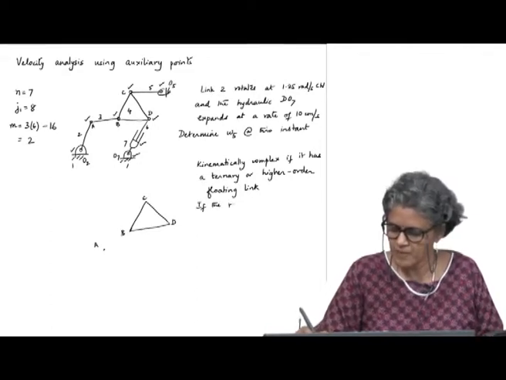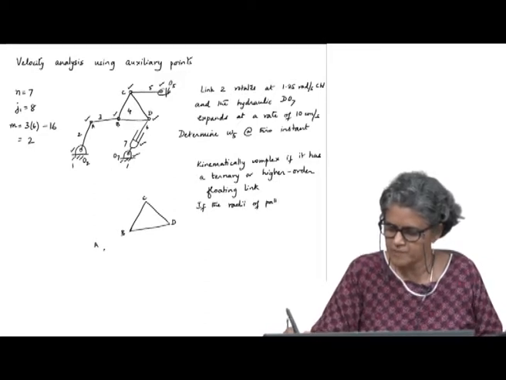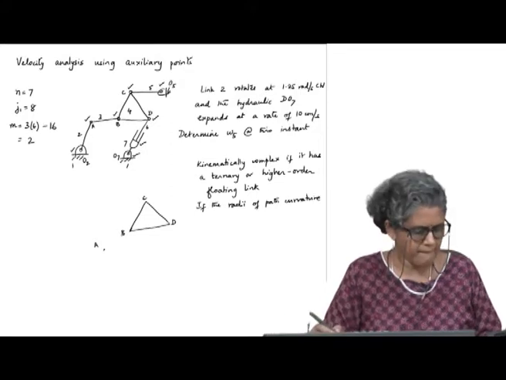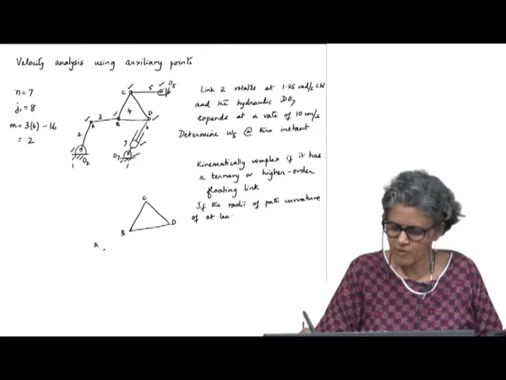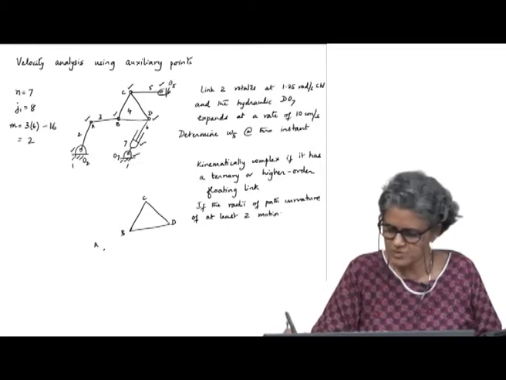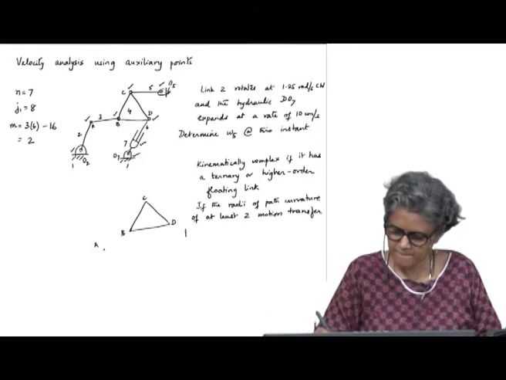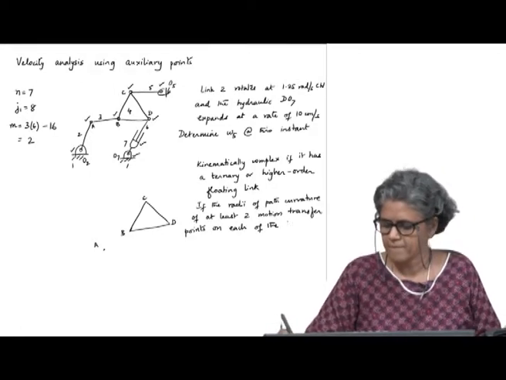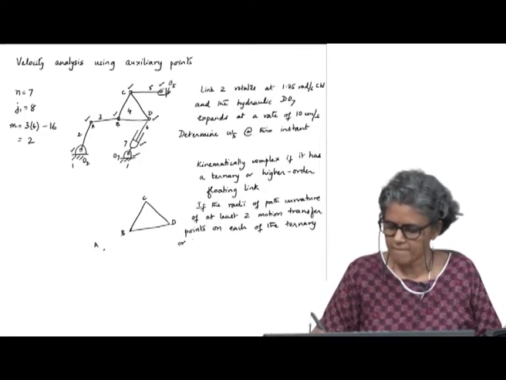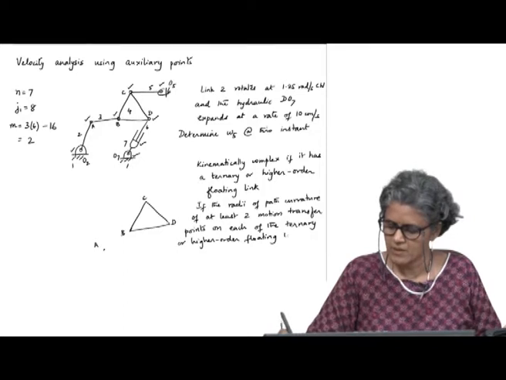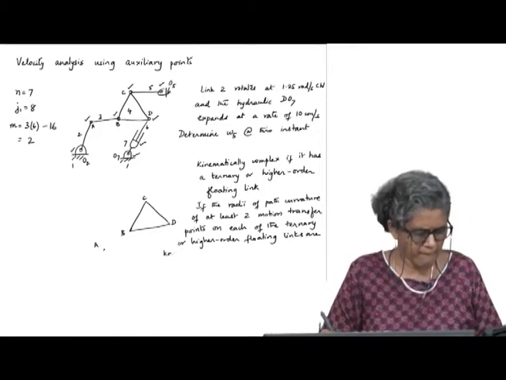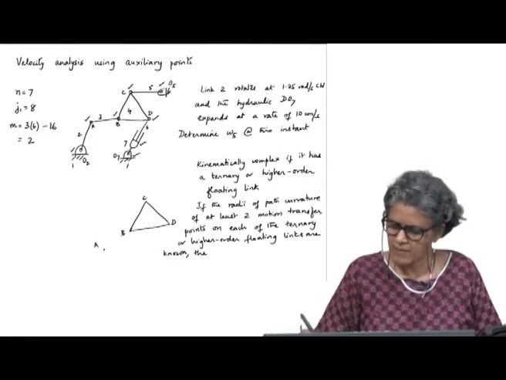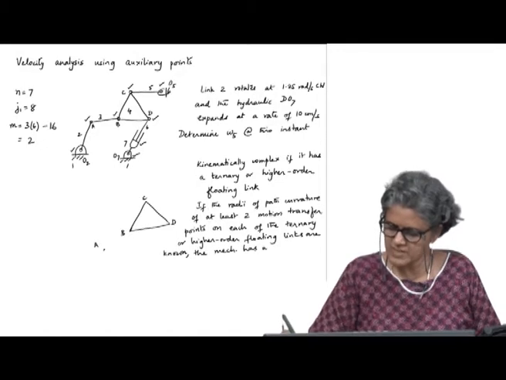If the radii of path curvature of at least two motion transfer points on the links are known, the mechanism has a low degree of complexity, otherwise it has a high degree of complexity.